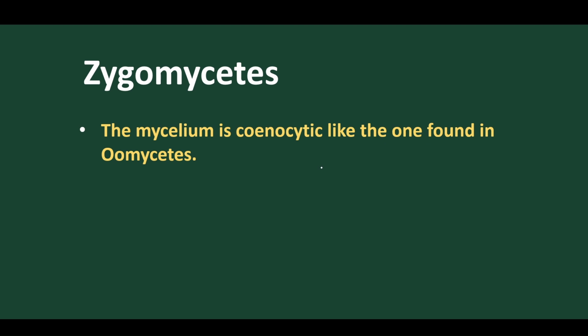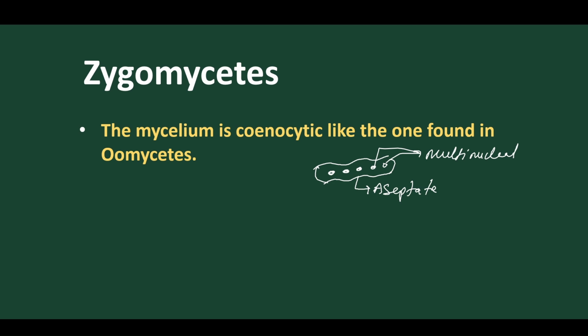The mycelium is coenocytic, like the one found in Oomycetes. When we look at its hypha, the hypha is multinucleated. Coenocytic means multinucleated, without any septum, so it is called aseptate. These are the nuclei, and it is multinucleated.